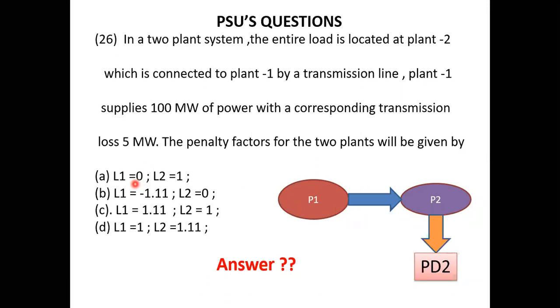No, it's not at all possible. Your penalty factor value is greater than or equal to 1. Greater than or equal to 1 only. So that's why the answer is 1.11 for L1. So the final answer is nothing but C. Okay.